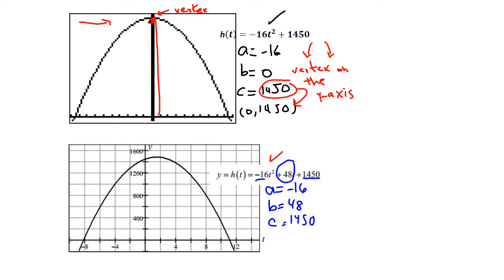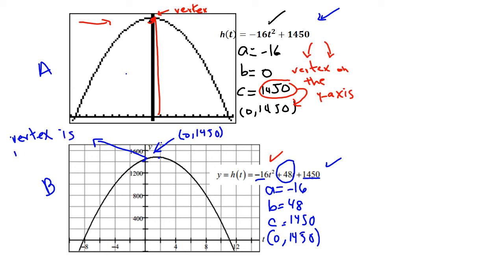If you graph this function on your calculator, you can see that it again has the same y-intercept as the function we previously graphed, (0, 1450). The one difference between the two functions is that this function has the vertex not on the y-axis.